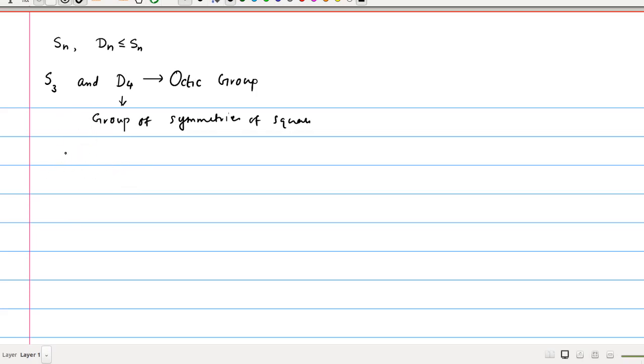We discussed S3 as rho naught, rho 1, rho 2, and mu1, mu2, mu3. These are the elements of S3.